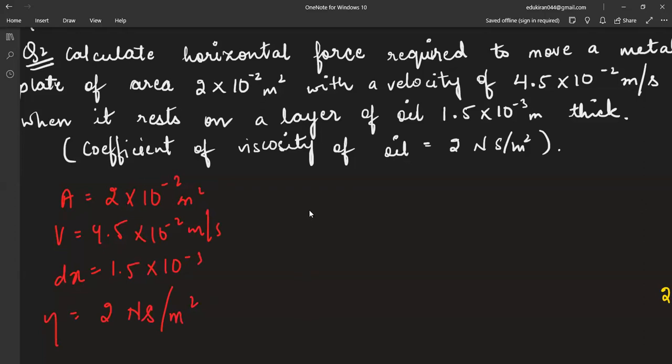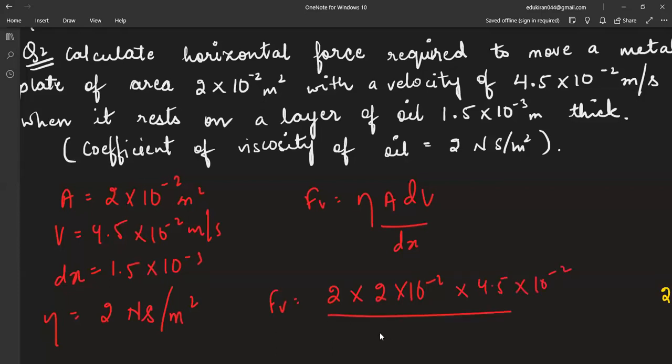When we have to calculate the horizontal viscous force, it will be eta A dV over dx. So this is 2 into 2 into 10 to the power minus 2, velocity 4.5 into 10 to the power minus 2, divided by 1.5 into 10 to the power minus 3.